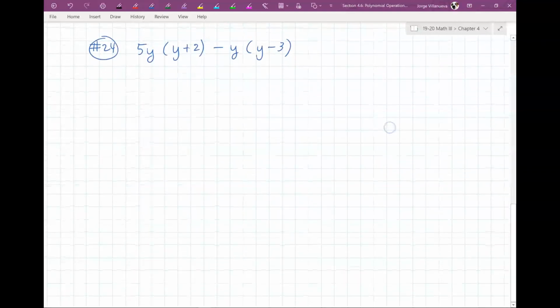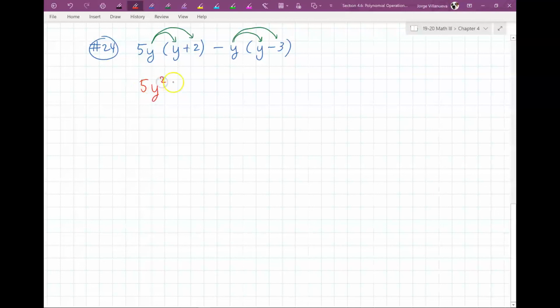We'll do 5y times y and 5y times 2, and then negative y times y and negative y times negative 3. Okay? So we get 5y squared plus 10y for the first two, and then negative y squared plus 3y.